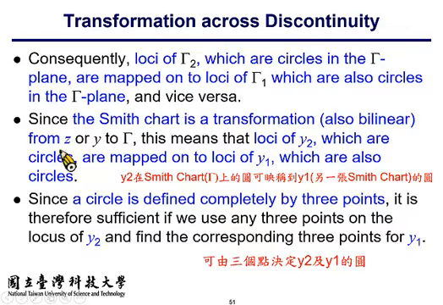Okay, so the previous slides just show you that the constant SWR circle on one Smith chart can be mapped into another circle on the Smith chart. And of course, there are some differences. So in the following example, we will see the difference between the two circles in this transformation technique.